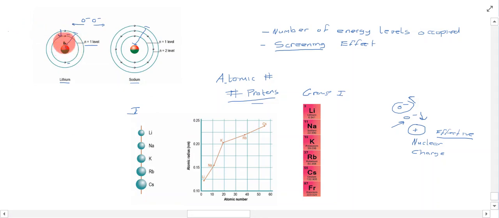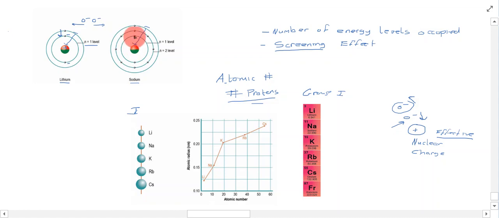So what's actually happening is you're getting this screening effect. The more energy levels that are occupied between the nuclear charge coming from the protons within the nucleus and the outermost electrons, the more the atomic radius starts to get bigger, because the positive charge of the nucleus can't pull the electron in as close as it wants to.